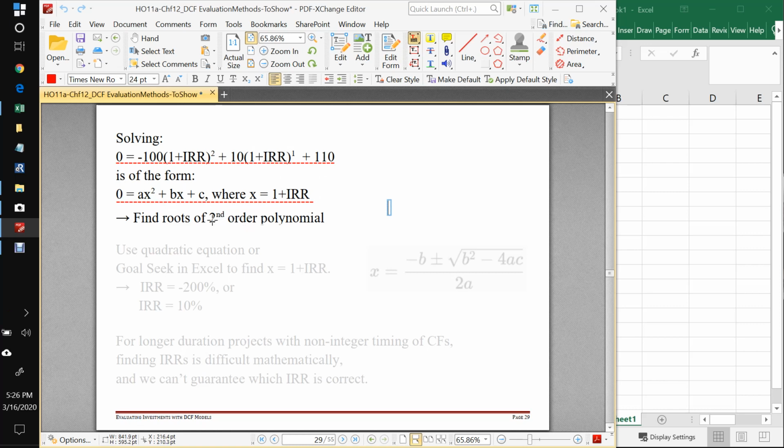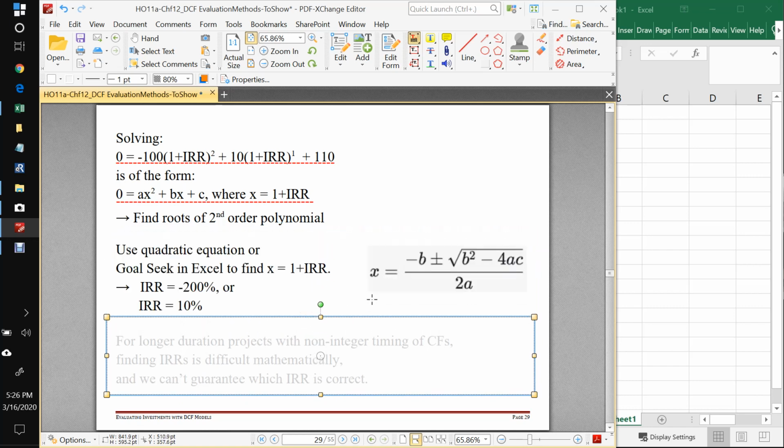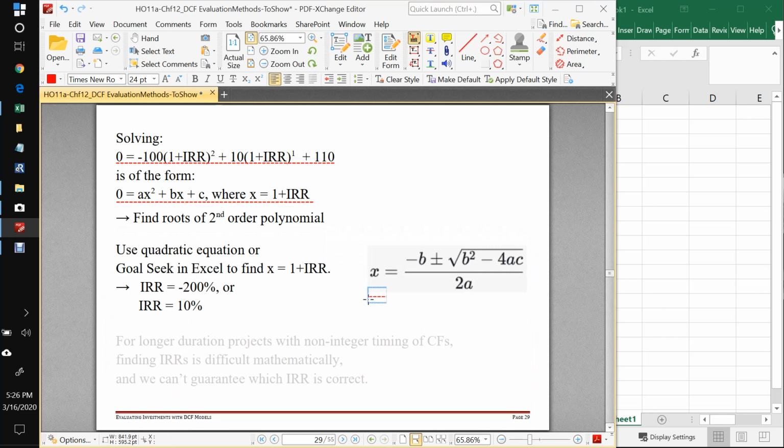So to solve this, we've got to find the roots of this second order polynomial, or parabolic equation. And how do we do that? We use what we were forced to remember in high school or grammar school, the quadratic equation, and that looks like this. We can always do it by hand with this formula, or we could work in Excel, which clearly we can't do on exams.